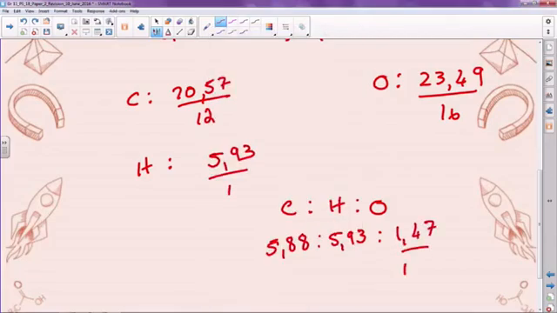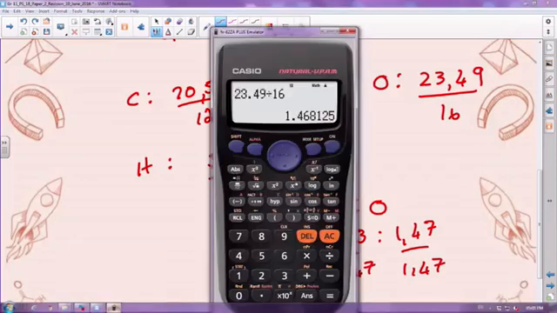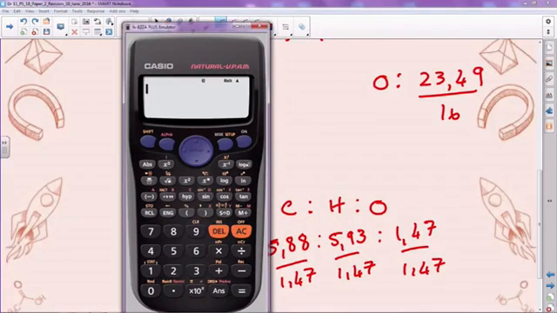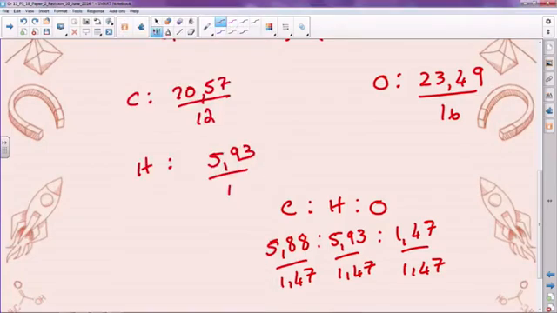So what I do, I divide them all by 1.47. Let's have a look quickly. 5.93 divided by 1.47 gives me 4.05.